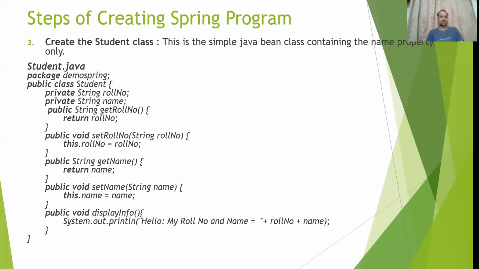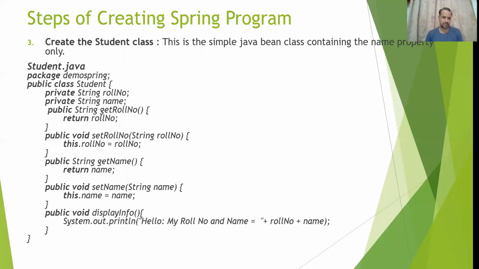Now this is the snapshot of the program that I have created. Create the student class. This is a simple Java Bean class. It contains two fields, roll number and name, and the getter and setter methods of these fields are there.